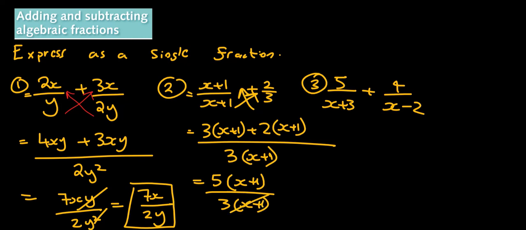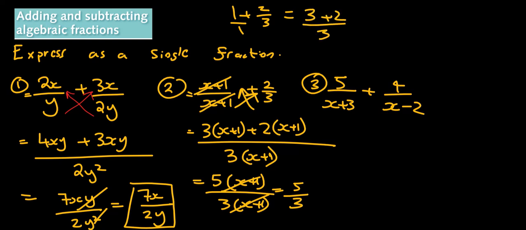That goes, and you're left with 5 over 3. Alternatively, we could have just cancelled straight up and got 1 plus 2/3. That's 1 over 1. Cross multiply, 3 plus 2 over 3, which is 5 over 3.